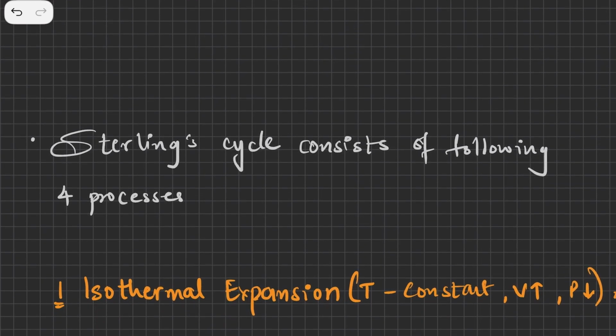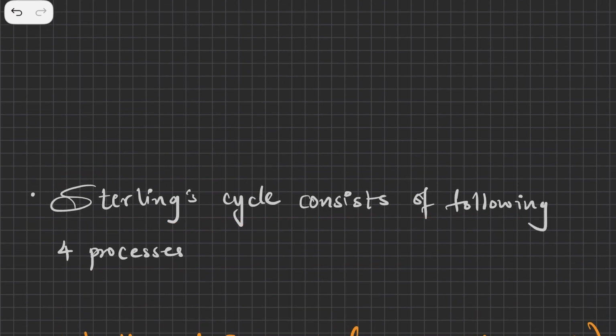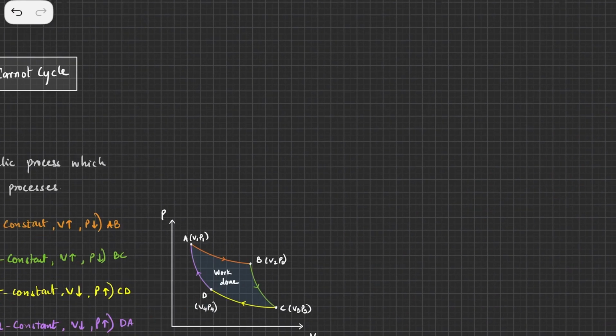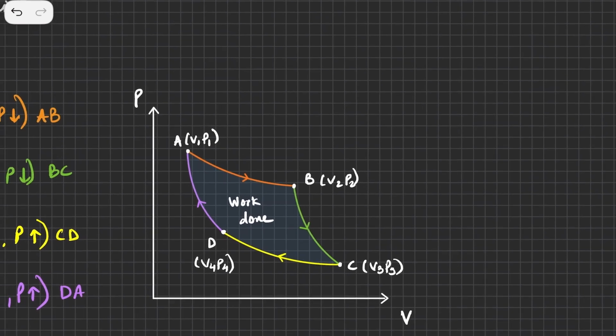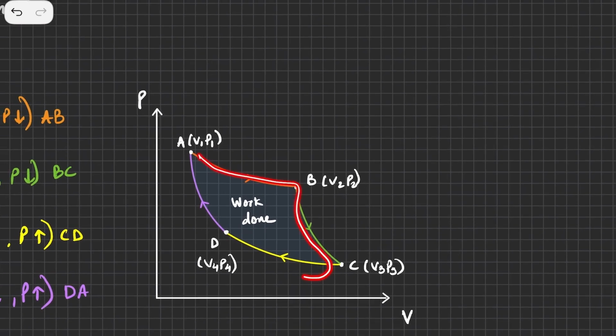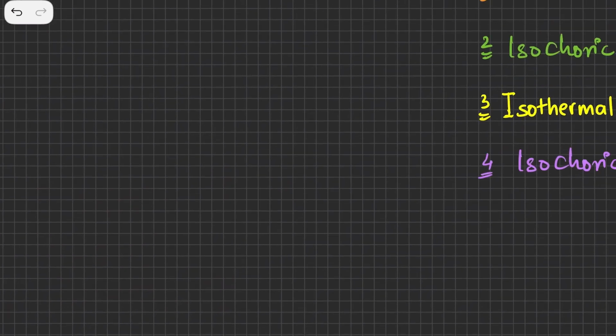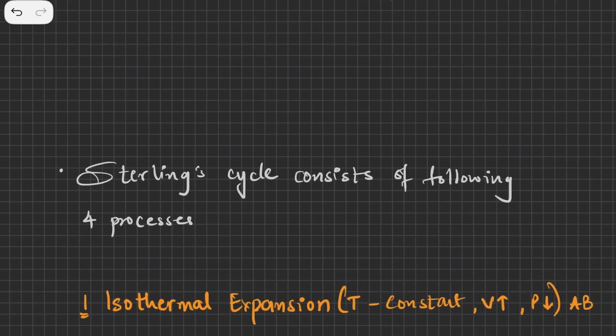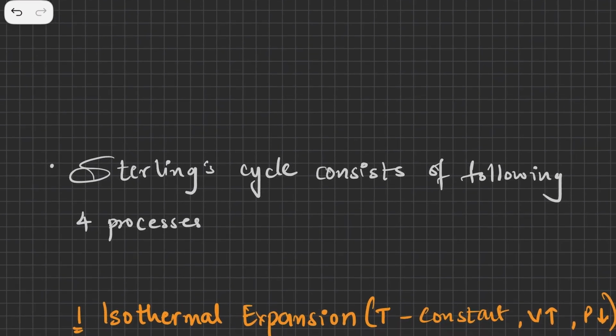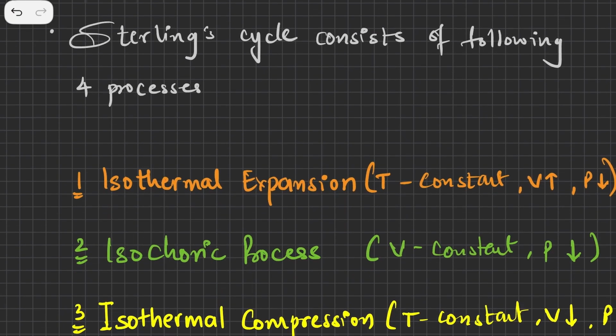The Stirling cycle is a cycle which consists of four processes. Like the Carnot cycle, it is a cyclic process which goes through four different processes.